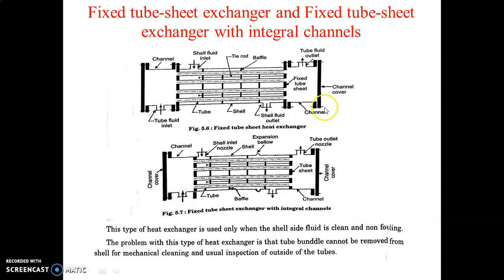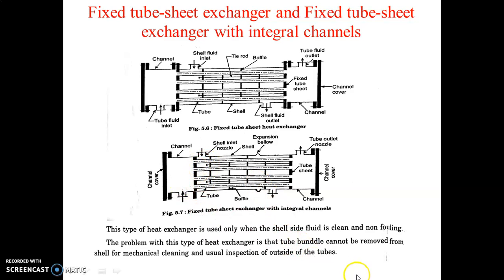And the disadvantage or problem of this heat exchanger is that the tube bundle cannot be removed from the shell for mechanical cleaning and inspection of the outside of the tubes. The tube bundle can be removed in other heat exchangers, but it is not possible in this one. So that is the disadvantage.